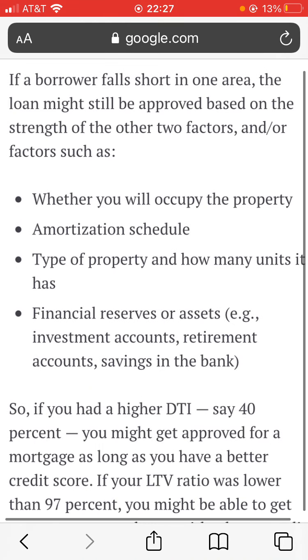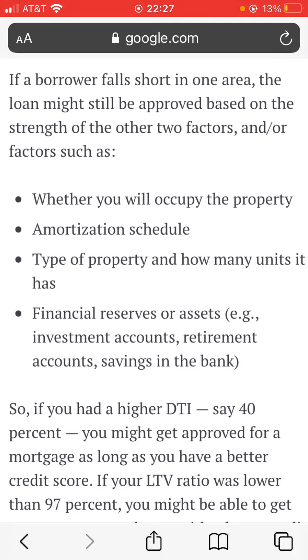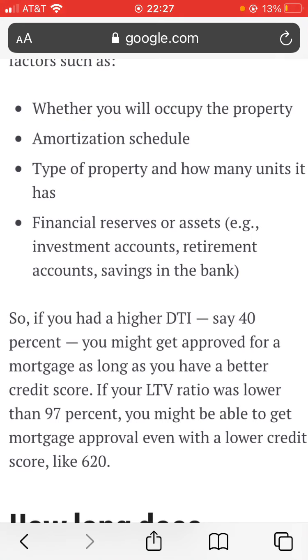If a borrower falls short in one area, the loan might still be approved based on the strength of the other two factors, and/or factors such as whether you will occupy the property, amortization schedule, type of property and how many units it has, financial reserves or assets, investment accounts, retirement accounts, savings in the bank.